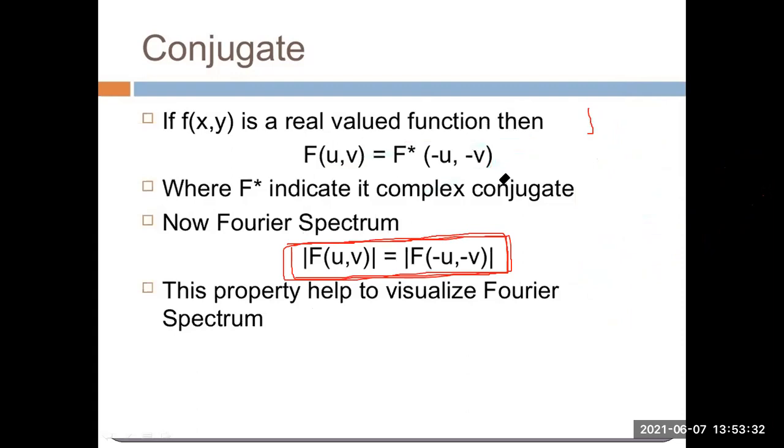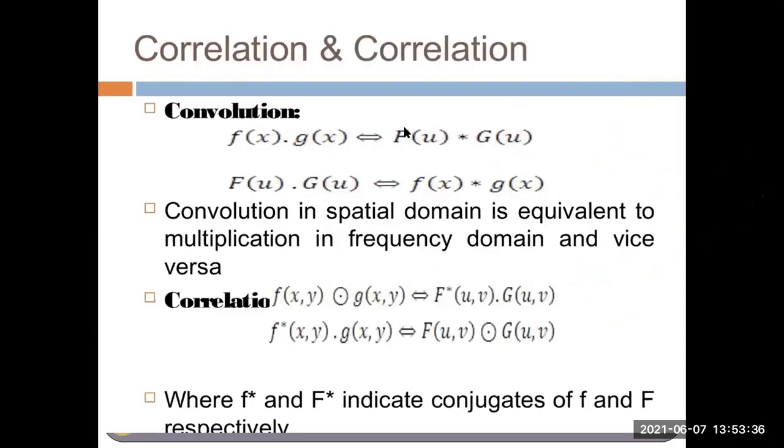Now the fifth property is convolution and correlation. Okay, this is not correlation, it will be convolution and correlation.